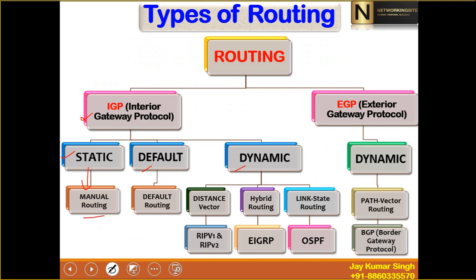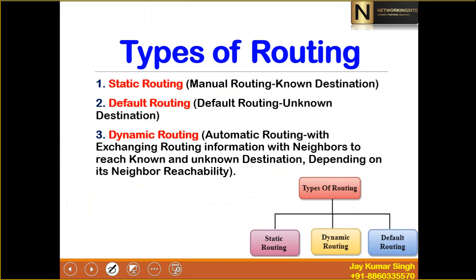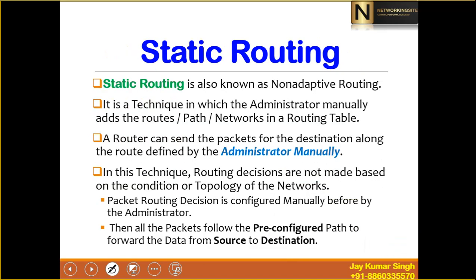I hope you know about these things because I have already explained, right? So now we already know about the types of routing: static, default, dynamic. In the last class I explained when we have to use static, when we have to use default, and when we could use dynamic. Now let's come to know about static routing.